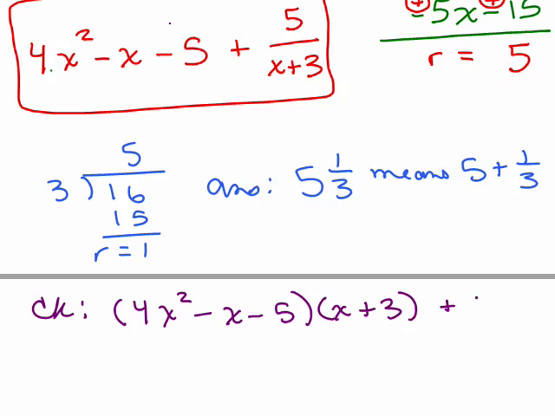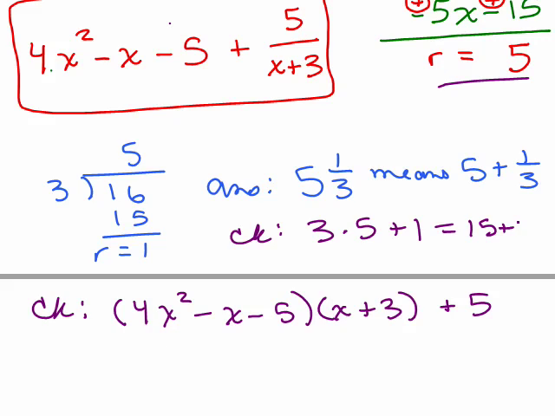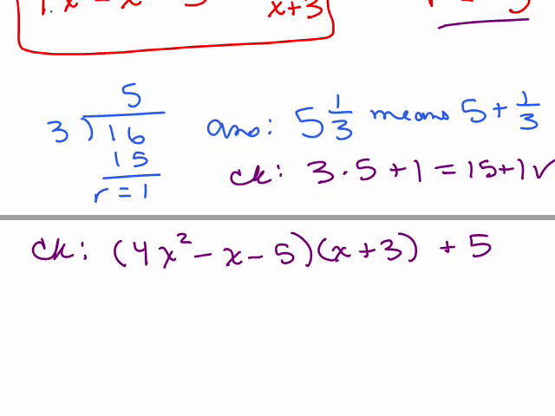In this case, there's your remainder, add 5. By the way, to check this one right here, same thing. You go 3 times 5 plus 1, 15 plus 1. That's your 16 that was underneath. So it's very similar to how you check with regular long division.